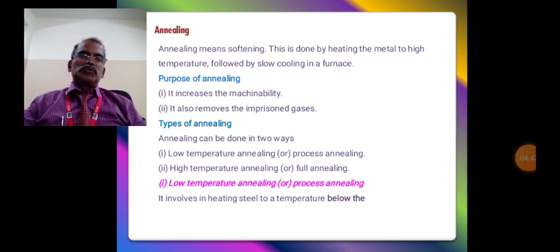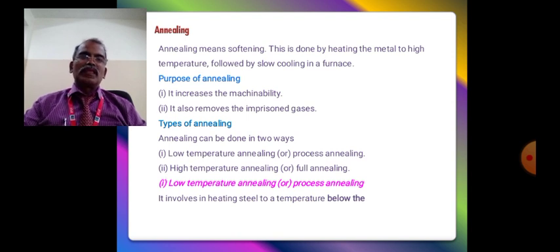The 2 types of annealing process are low temperature annealing and high temperature annealing. Low temperature annealing is called process annealing. High temperature annealing is called full annealing.